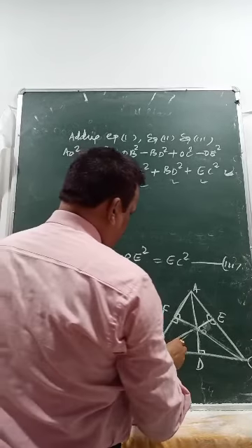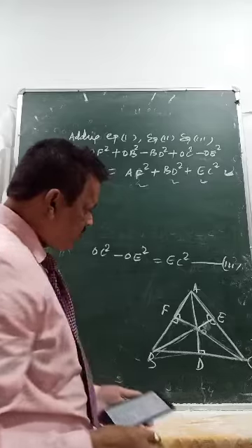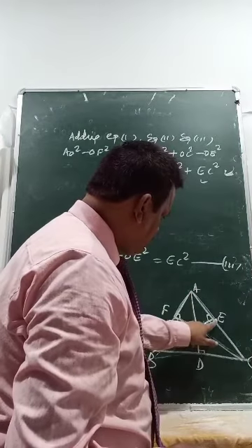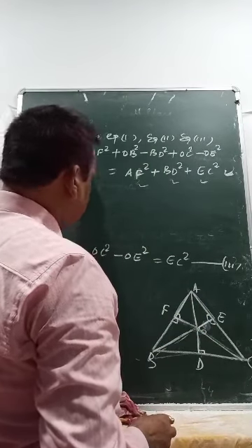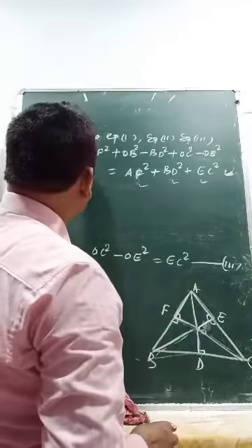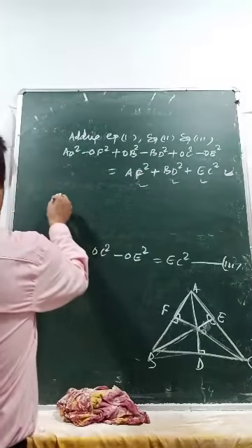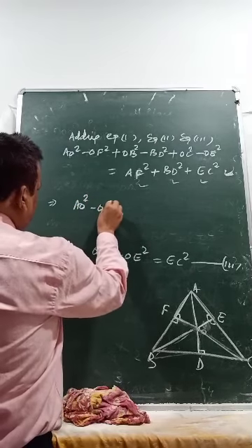Now AE square. AO minus OE together gives AE square. This implies AO square minus OE square.